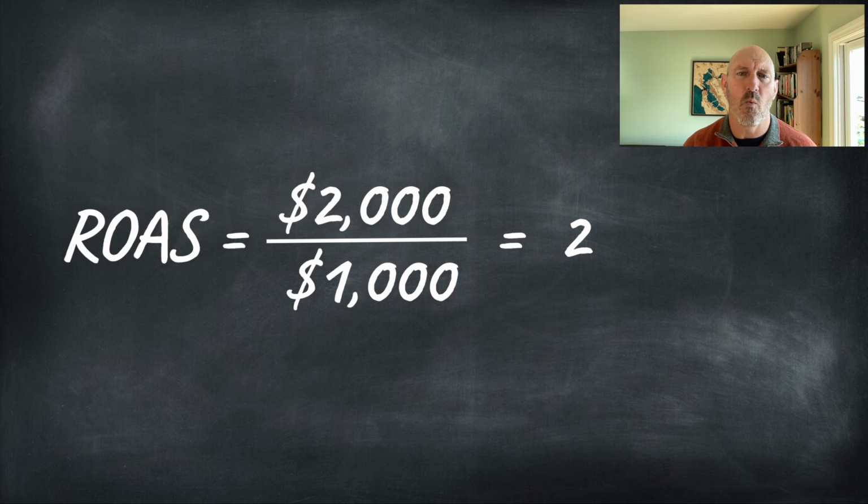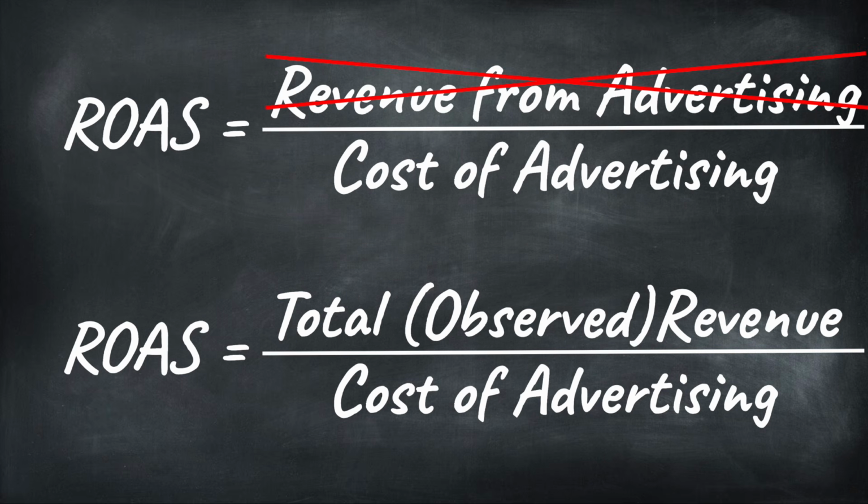So let's talk about why ROAS is a much maligned metric. Part of it is simply the misuse of ROAS over time. Because it has been hard to measure the sales growth from marketing and advertising efforts, many marketers have simply used ROAS as shorthand for the observed revenue or the total revenue that the business is bringing in.